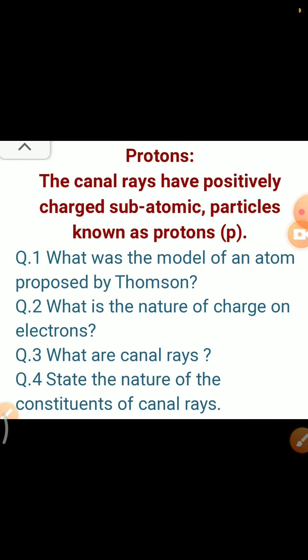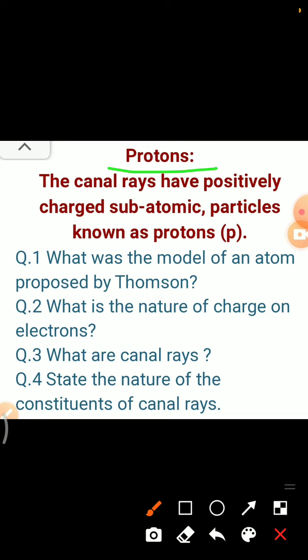Now let us solve some questions for revision, and then the rest we will complete in the next video. The canal rays have positively charged subatomic particles known as protons.